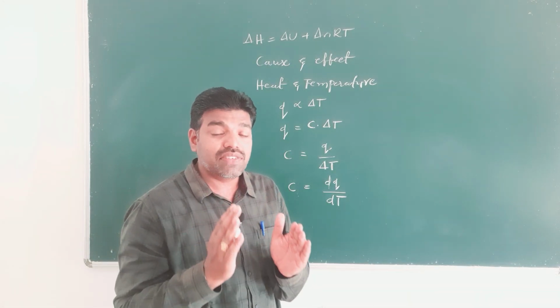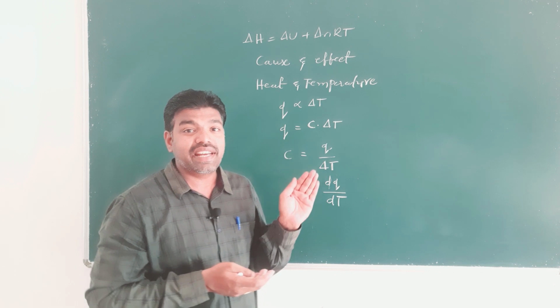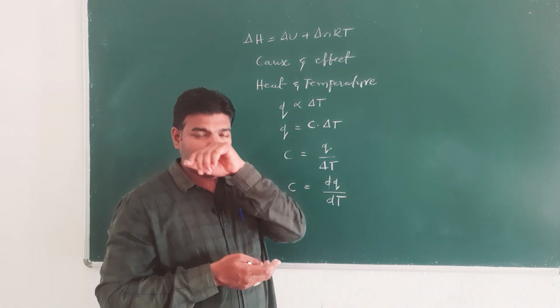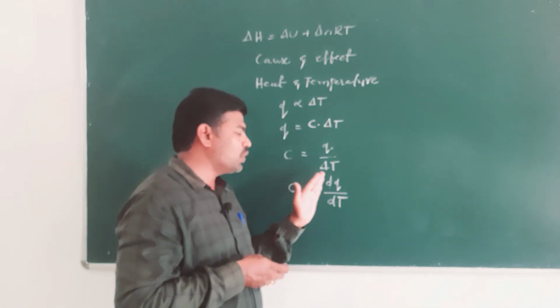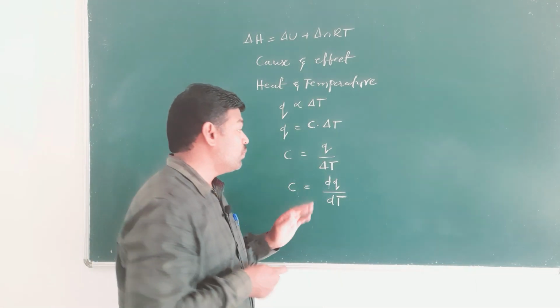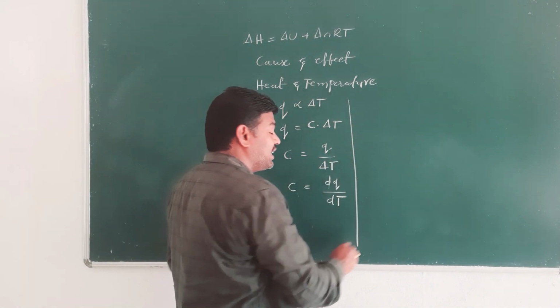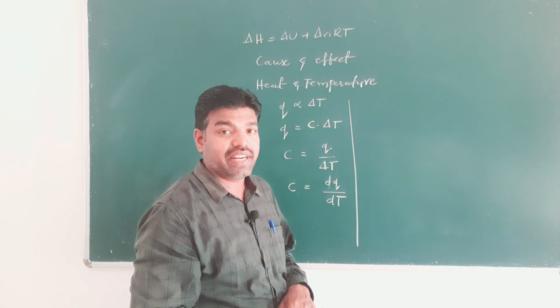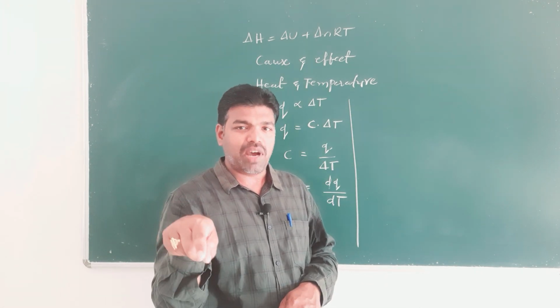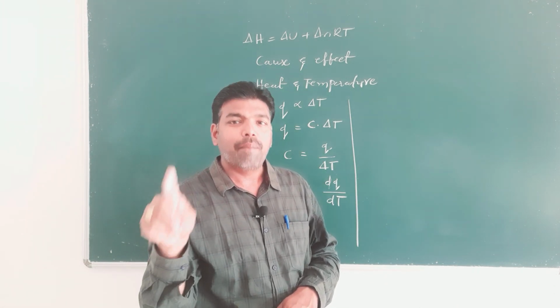So heat capacity values are very important in deciding the cause and effect relation. So C is equal to dQ by dT, and we have to specify the constant volume and constant pressure conditions as Q is a path function and C is also a path function.